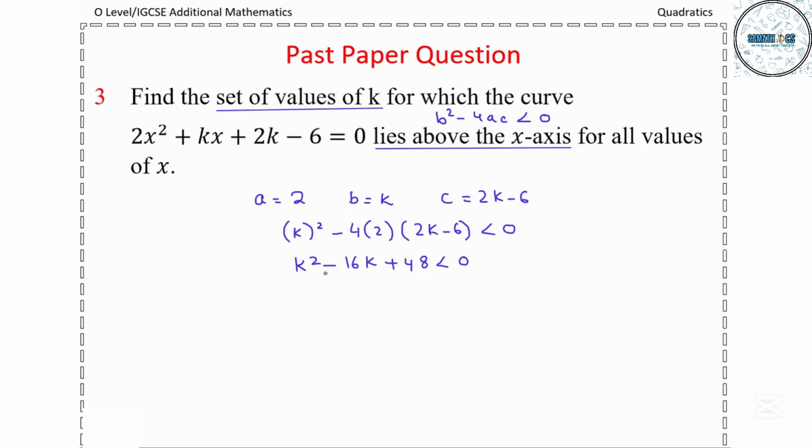Now we have got here a quadratic inequality, and we have already done how to solve quadratic inequality. So we'll be using the same method to solve this quadratic inequality.